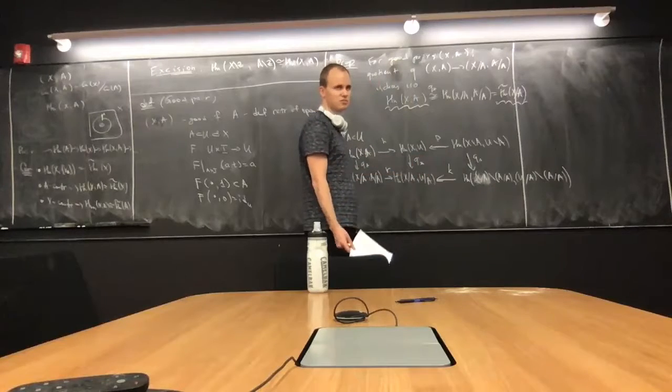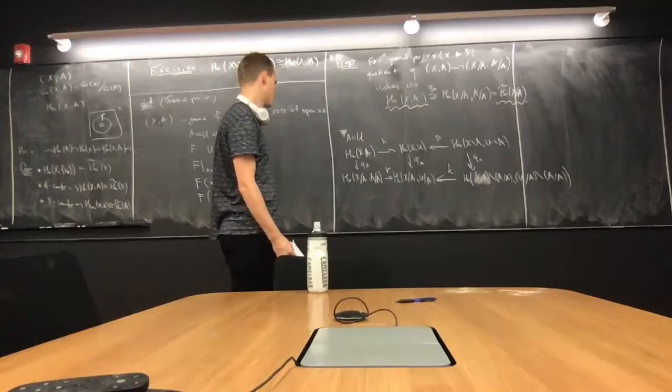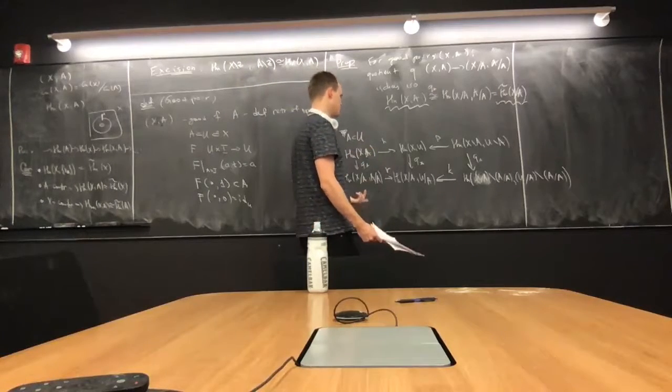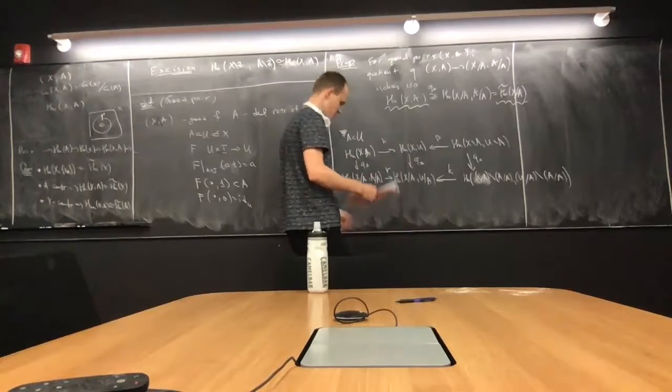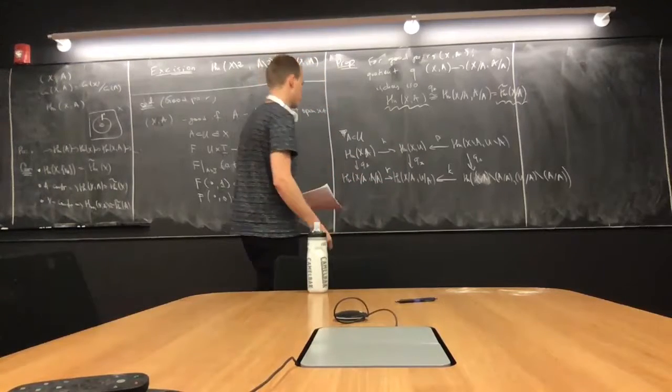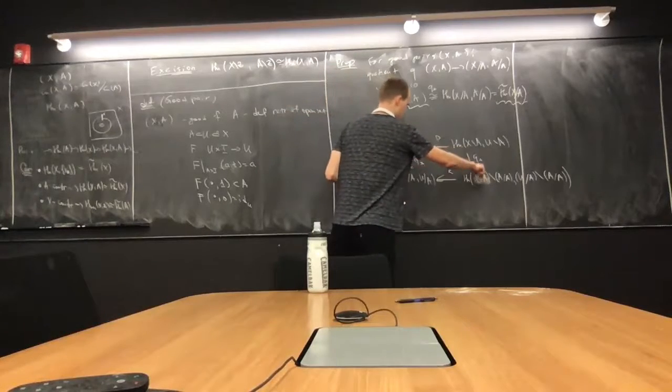Same here. And then you can check commutativity, basically because these are all inclusions or obvious quotients.